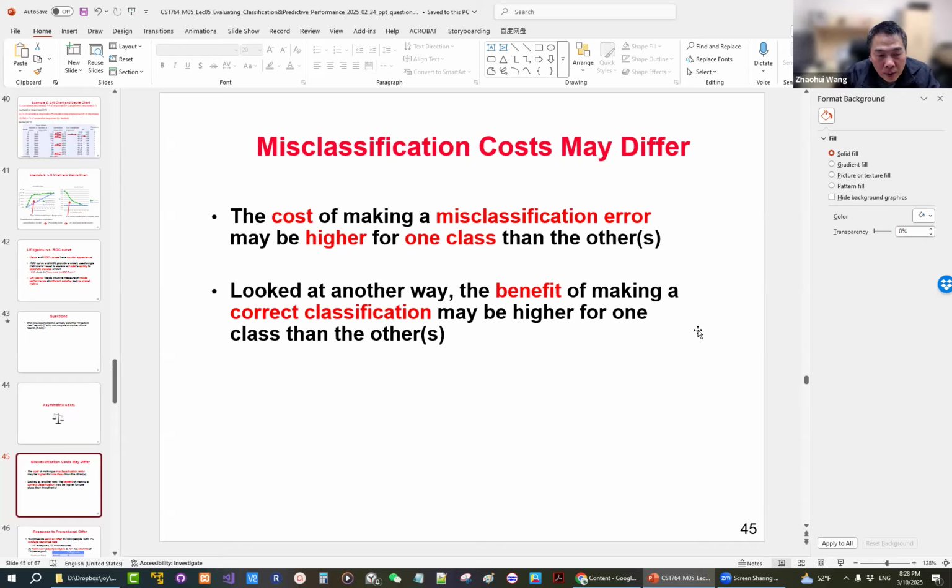We apply different weights for different classes, so we can emphasize the benefit of making one correct classification with higher benefits than the other classes.